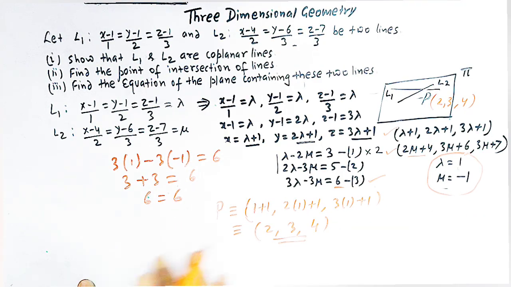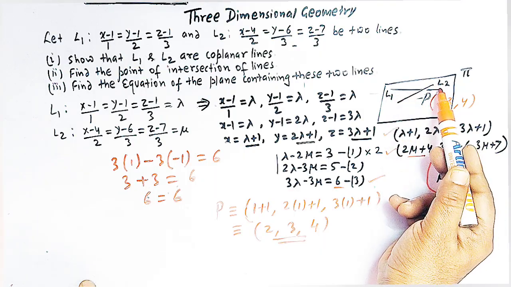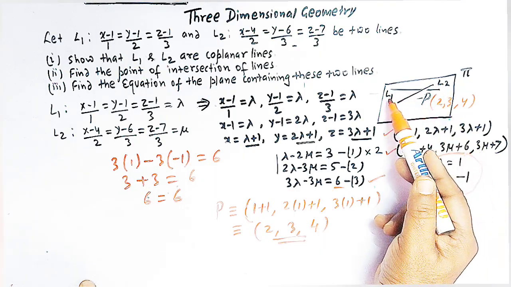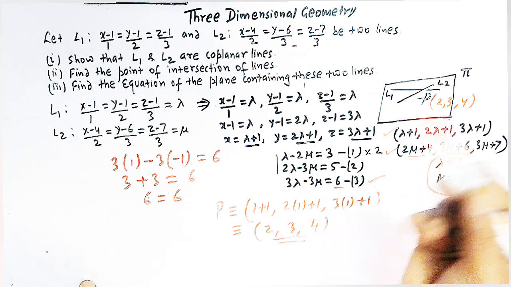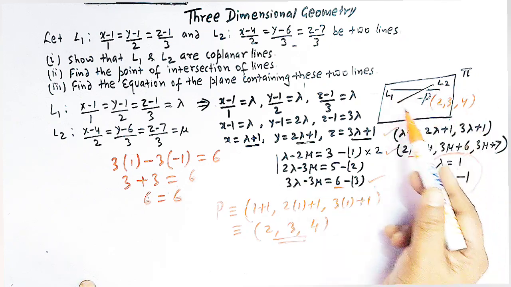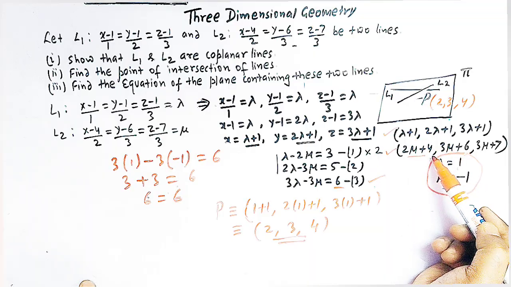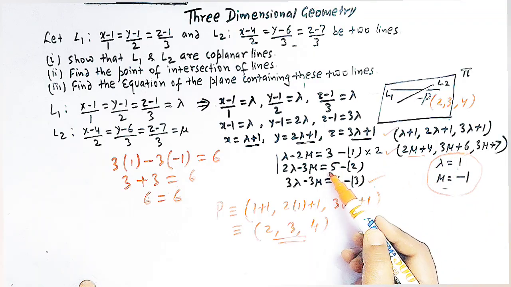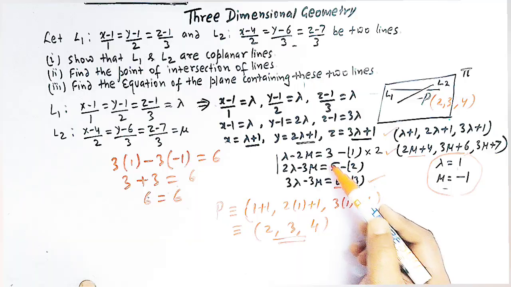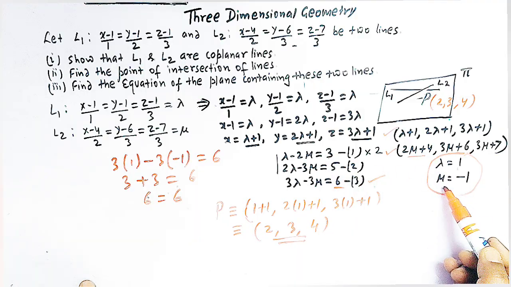So what we have done so far: we have the two lines L1 and L2, and we have obtained the coordinates of the general point on these two lines, and we have equated the two coordinates, and we have formed three equations, and we have solved two equations to get the values of lambda and mu.